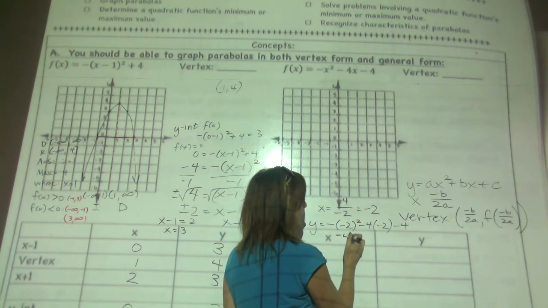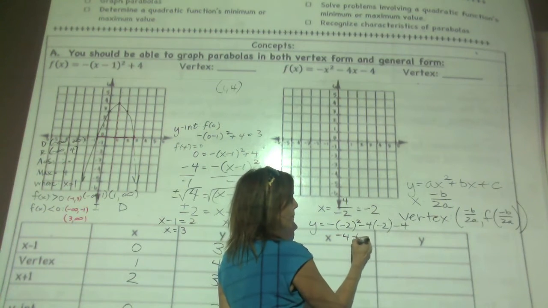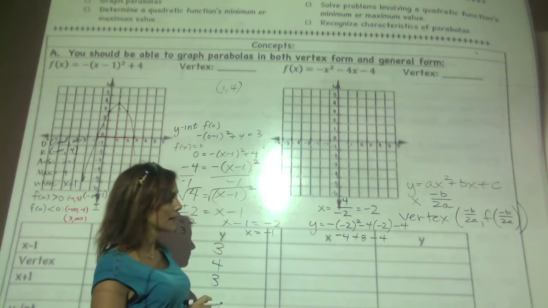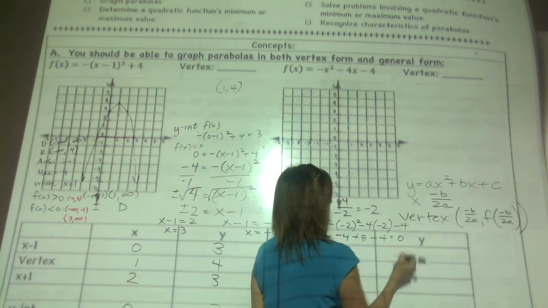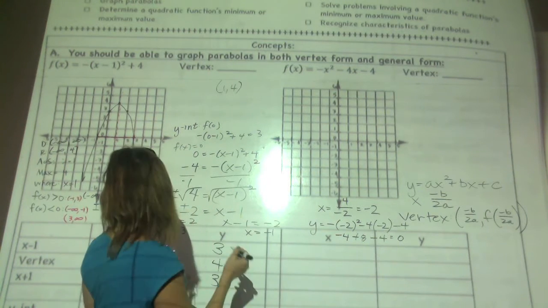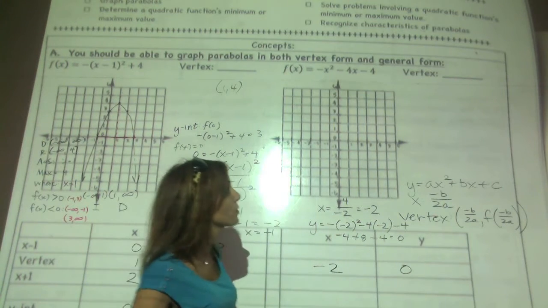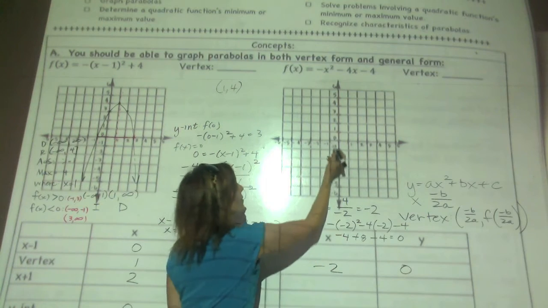So I've got negative 4 minus 4 times negative 2, positive 8, minus 4. Negative 4, positive 8, negative 4, I think that's 0. Okay, so our vertex is at negative 2, 0. I'm going to go ahead and put that right here as our vertex. You can also put it right here as your vertex. And let's go ahead and plot that, negative 2, 0.